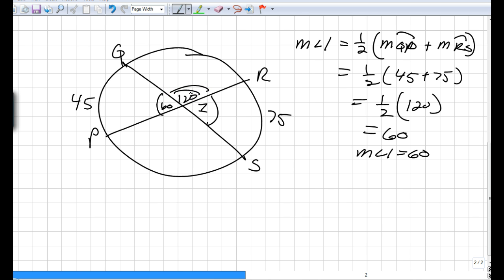Okay? So, and notice that the chords just have to intersect. They do not have to intersect at the center. They can intersect anywhere in the circle.